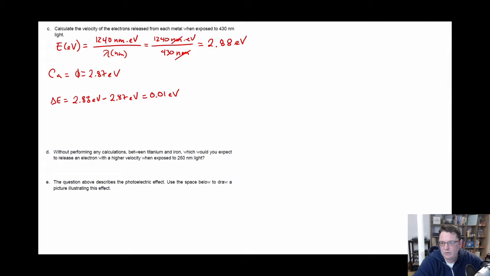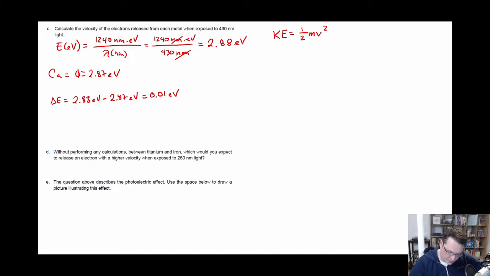Now, the way that we calculate the speed is to go back to the equation we have at the beginning, the relationship where the kinetic energy, KE, is equal to 1/2 mass times velocity squared.